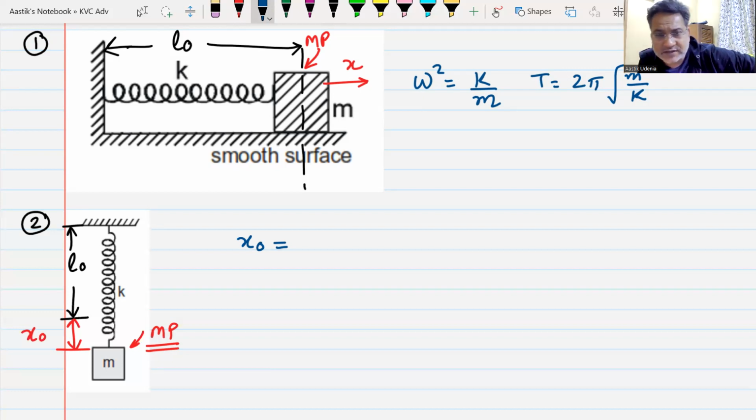It will not be at the natural length of the spring. Where will it be?